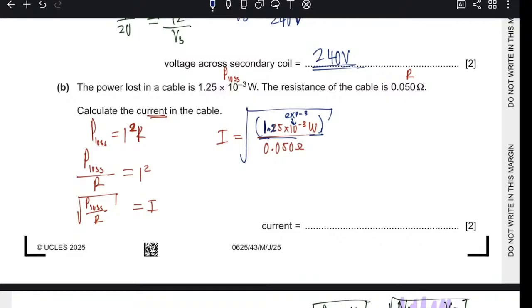Let me make mine and let me see what the answer is. Square root, open bracket, 1.25 exp negative 3, close bracket, divided by 0.050.